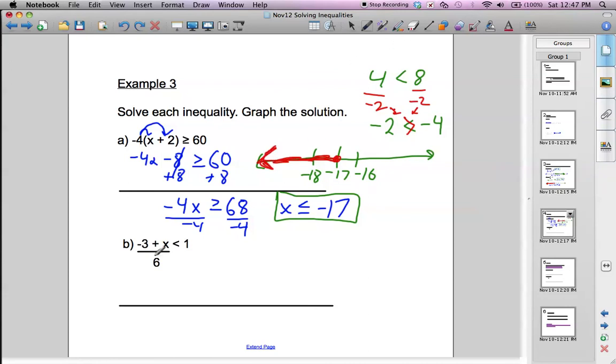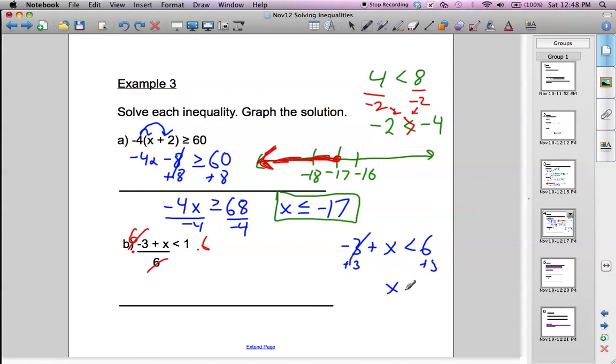Okay, next example. We've got this expression is less than 1. We can get rid of the 6 right away by multiplying both sides by 6. These 6's will cancel. So let's write it over here. We get negative 3 plus x is less than 6. And then one more step, we're going to add 3 to both sides.